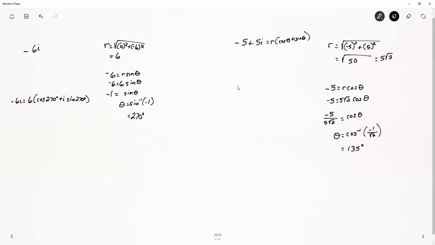So my answer is, my negative 5 plus 5i is going to be r, which is 5 square roots of 2, times cosine of 135 degrees plus i sine of 135 degrees.